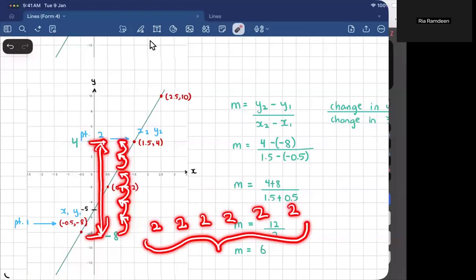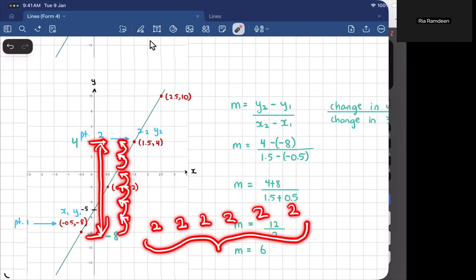How much should we move? So 6 sets of 2s. How much is that? 2 plus 2 plus 2 plus 2 plus 2 plus 2.